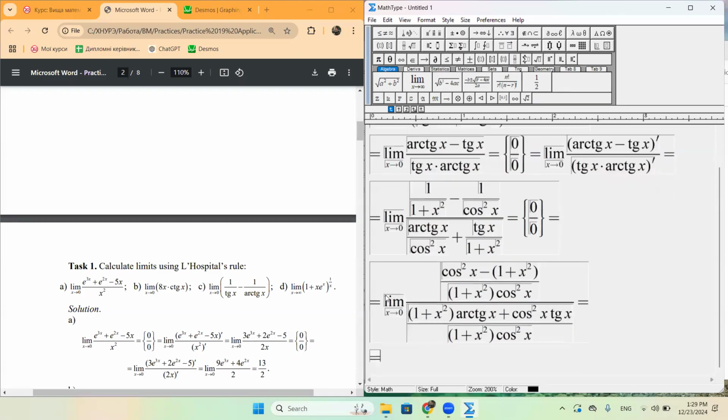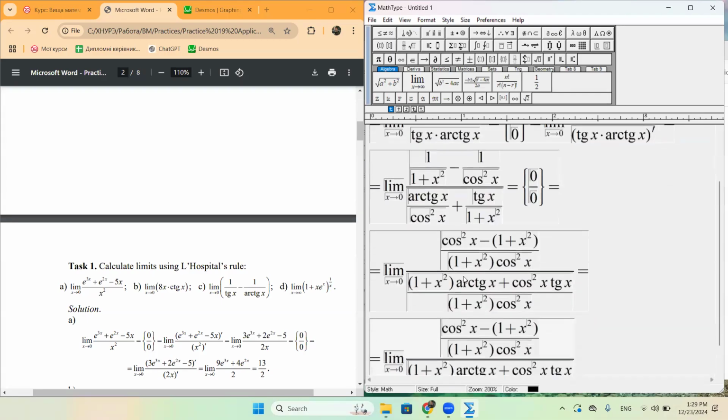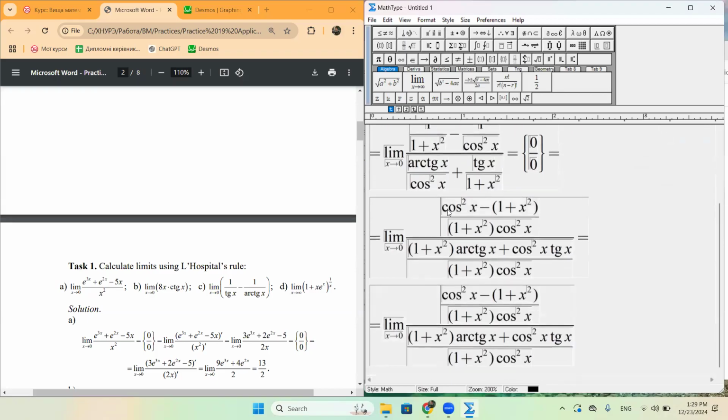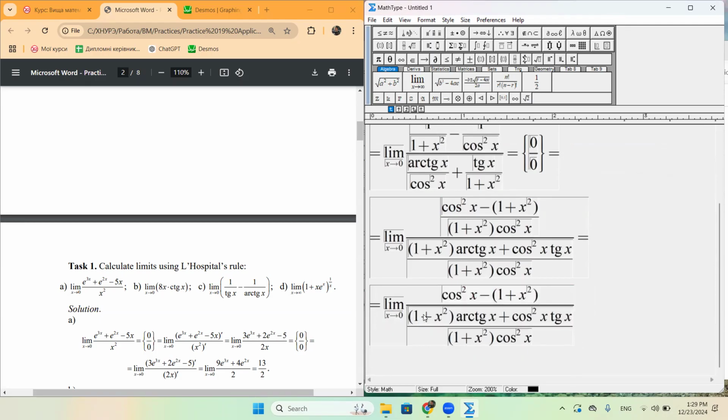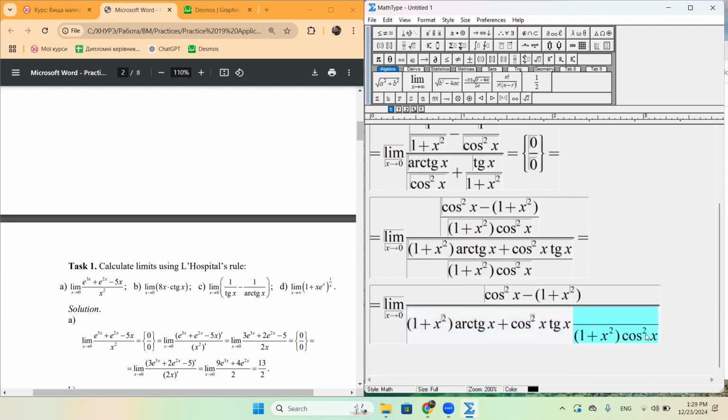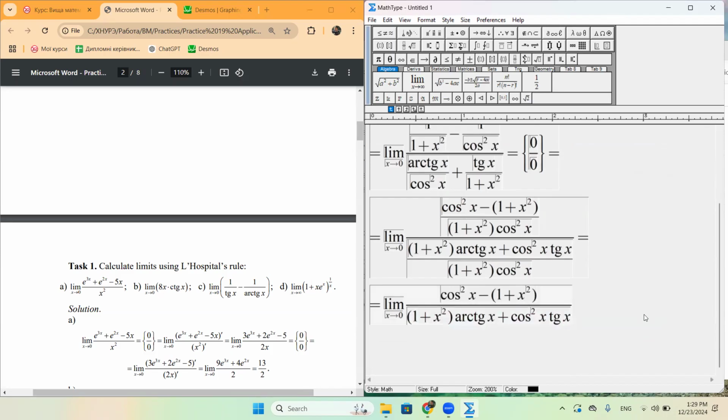That will be simpler. No, stop. So moving this here, and doing like this. So now we will differentiate again.